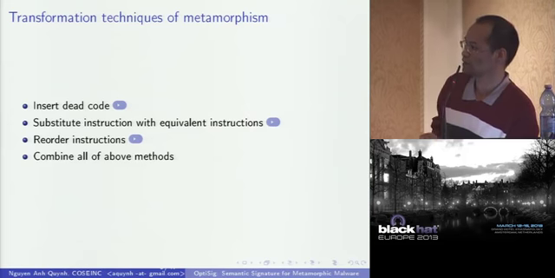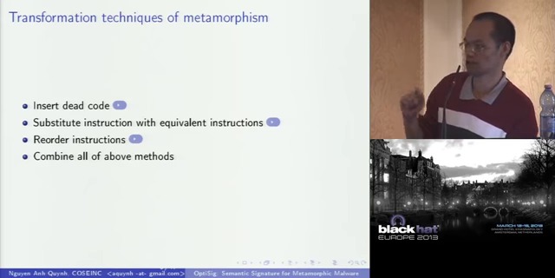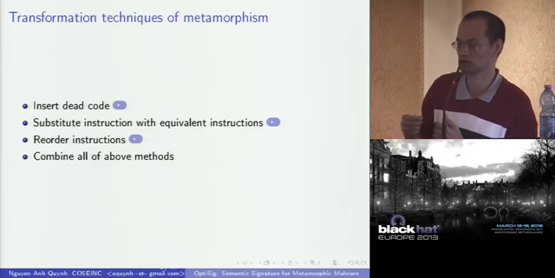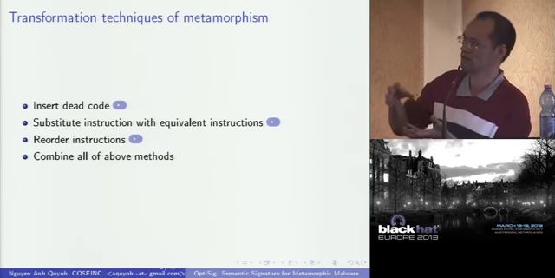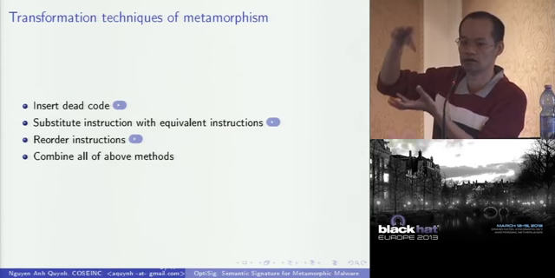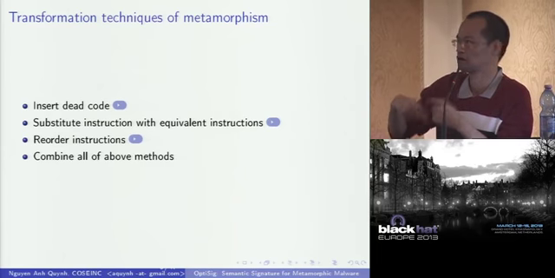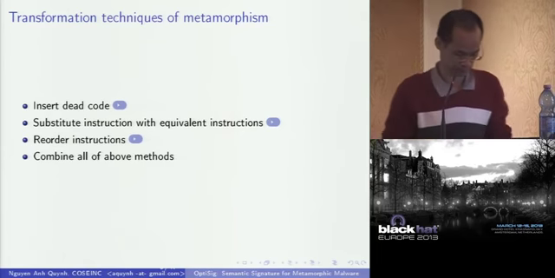First, a transformation technique named insert dead code. Second, substitute an instruction with an equivalent instruction. The third is reorder instructions. And finally, they can combine all of those 3 methods to make the code much more complicated.